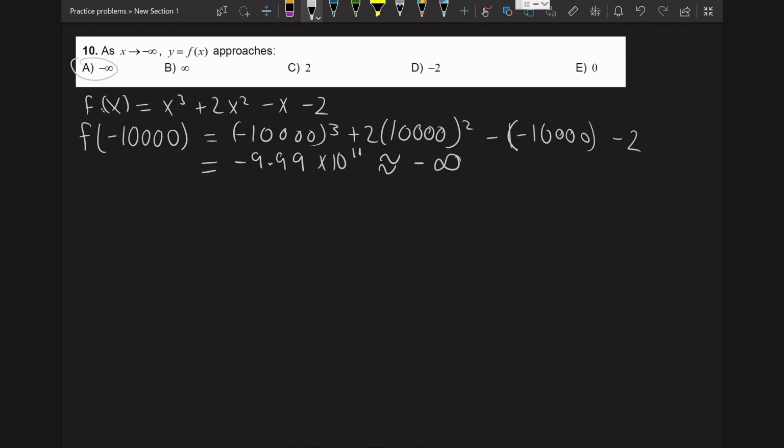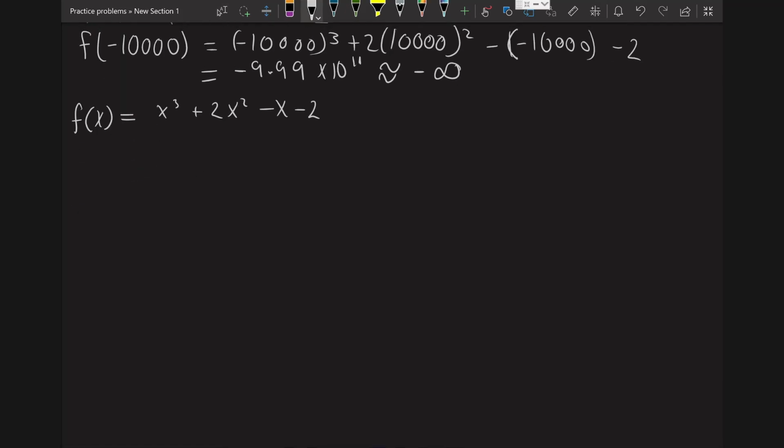The other way, my preferred way, because it proves it algebraically, would be to factor out an x cubed and see what happens. So f of x is equal to x cubed plus 2x squared minus x minus 2.